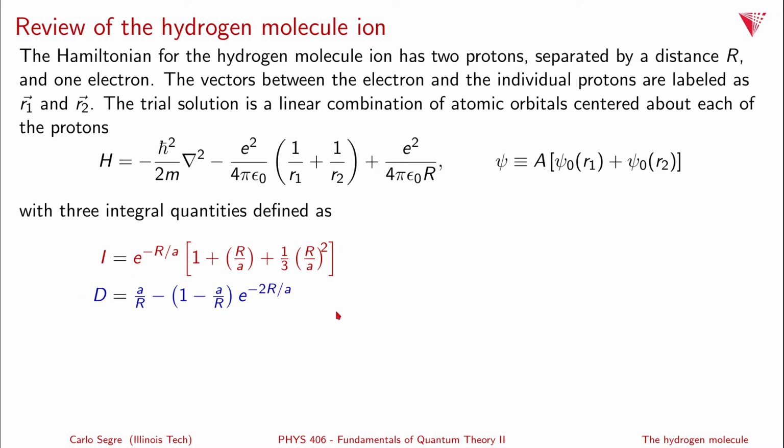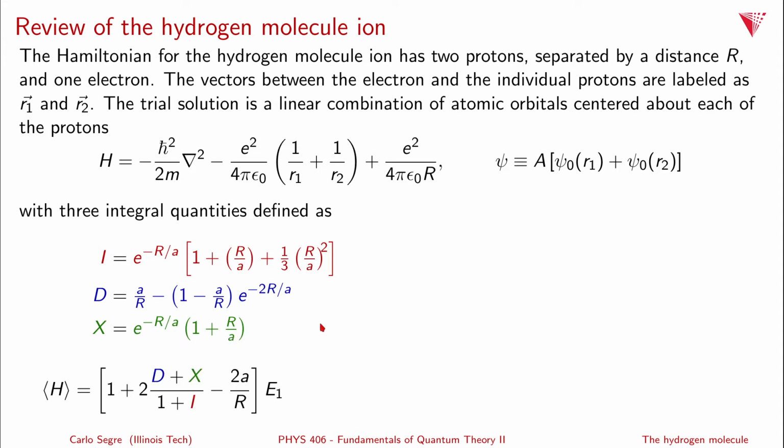One was the direct integral, which worked out to be a over capital R minus 1, times the quantity 1 minus a over capital R, times e to the minus 2R over a. And the exchange integral, which we defined as X, being e to the minus capital R over a times the quantity 1 plus capital R over a.